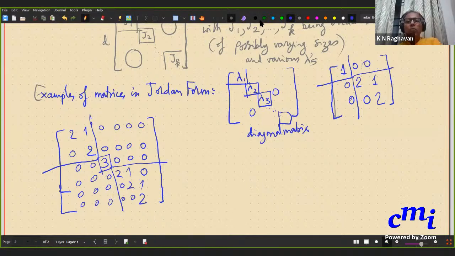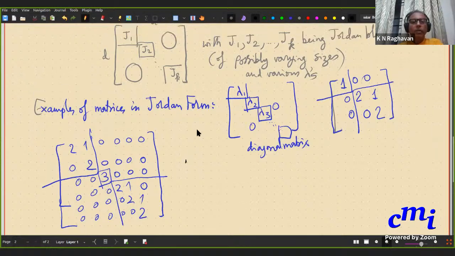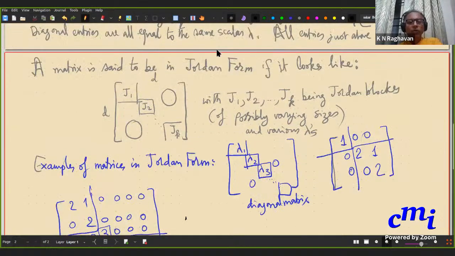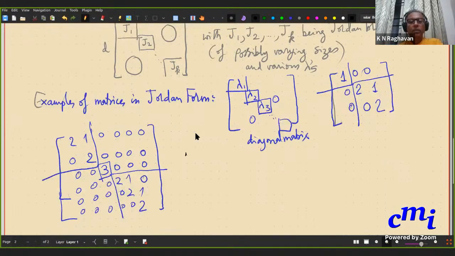One thing to keep in mind here is that if two matrices are in Jordan form, and if I permute the blocks, we consider them to be the same. So let's make that definition.